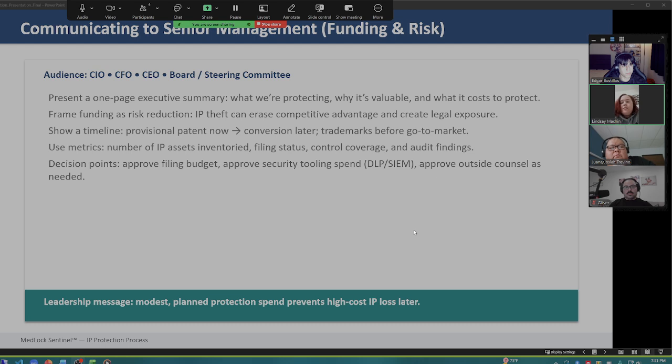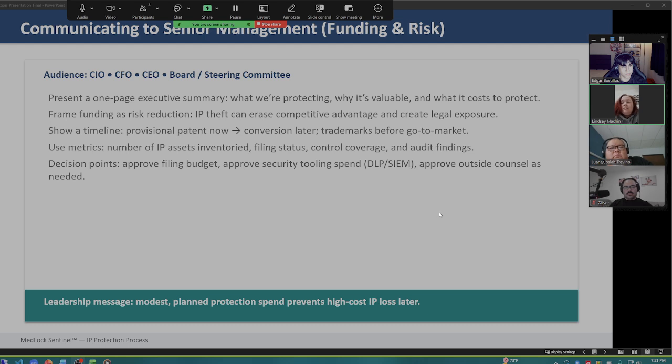I would present the map as a risk control program: registration plus controls plus audits reduce the likelihood and impact of IP theft.